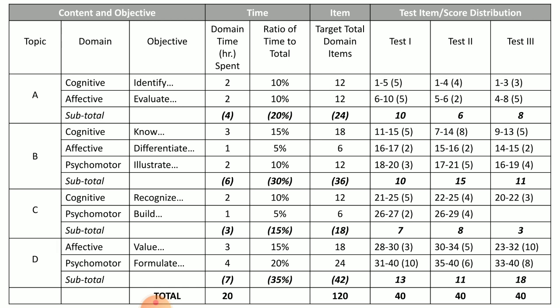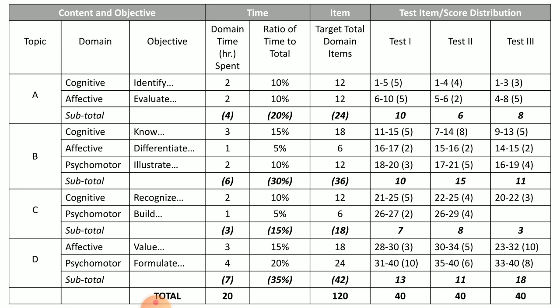Then we have the item. So we have the target total domain items. So for example, I am planning to have a 120 items test. So from that 120, you need to distribute it depending on its percentage. So we have a total of 120 items. Therefore, we need to get its corresponding ratio of time to total.